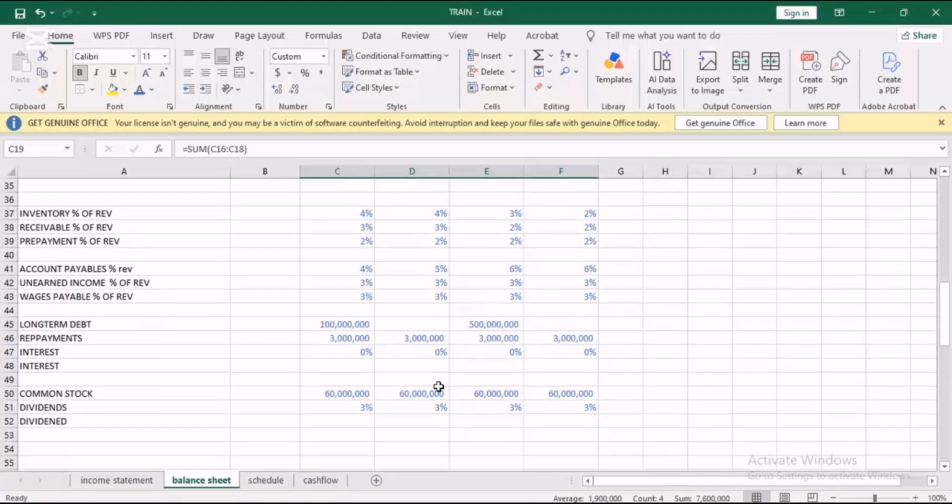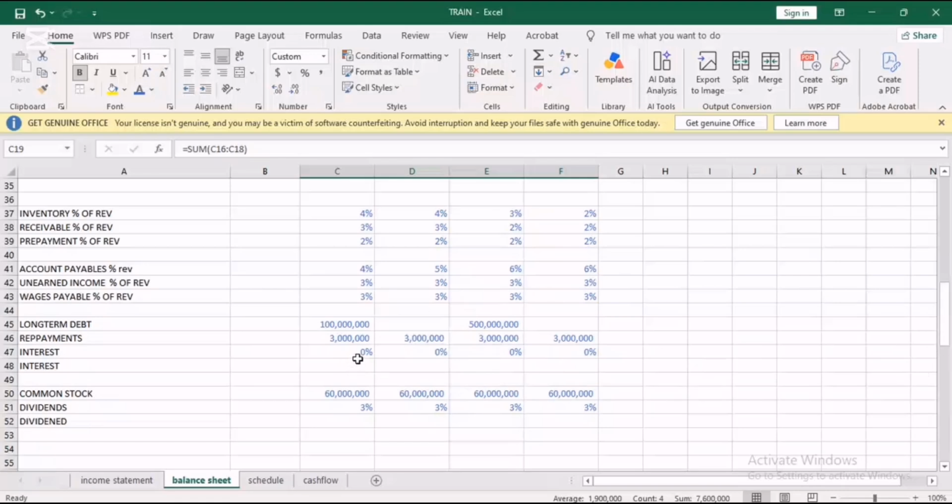For the forecast of this business, the long-term debt projected for the first year is 100 million, right? None for the second year. Then the projection of another loan is 500 million in the third year, right? So the repayment plan is 303 million each year. That's fantastic. All right, so let's get into it.